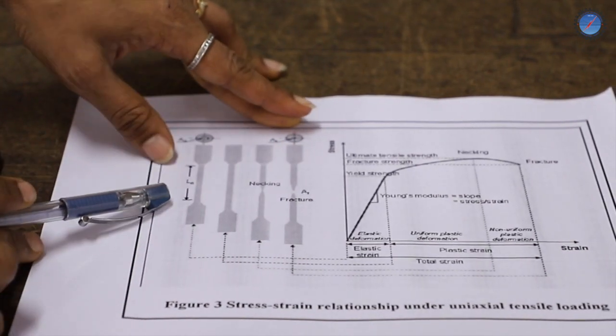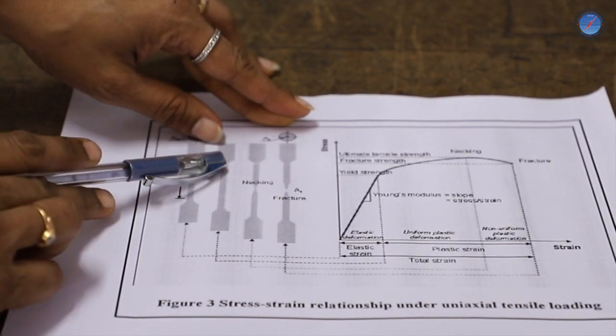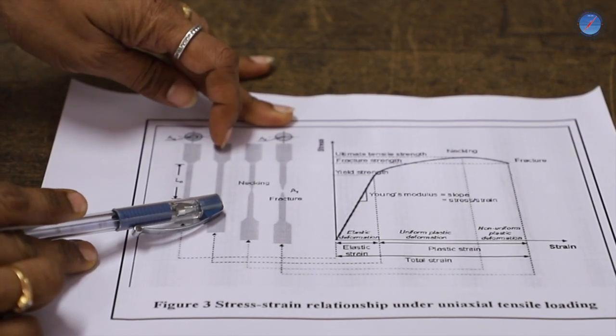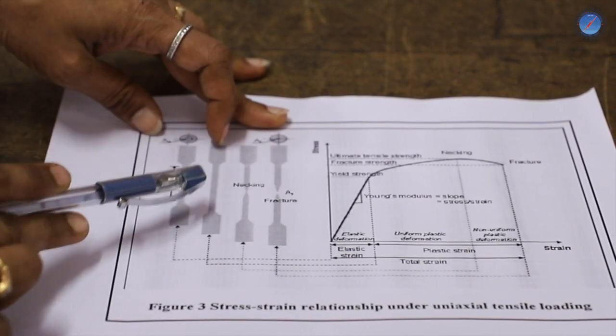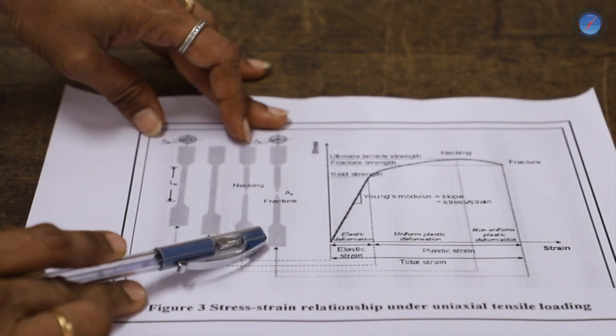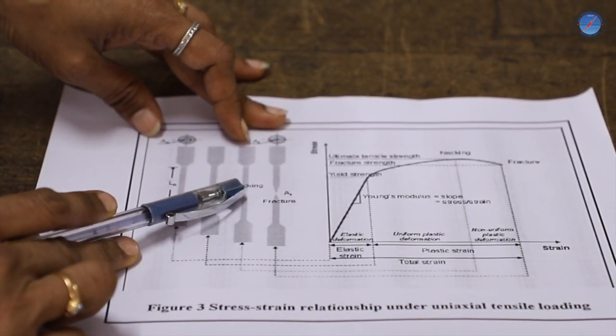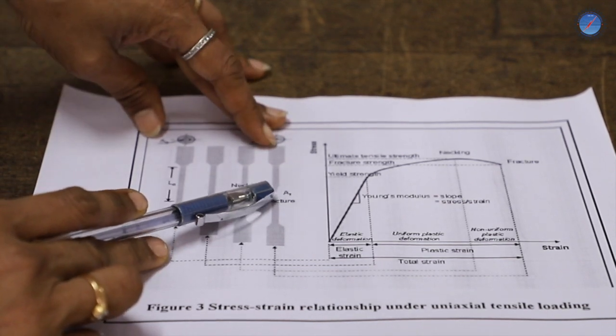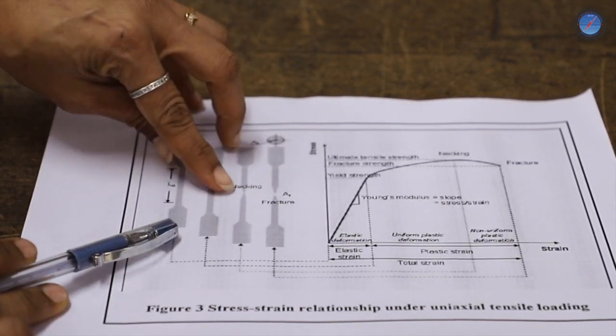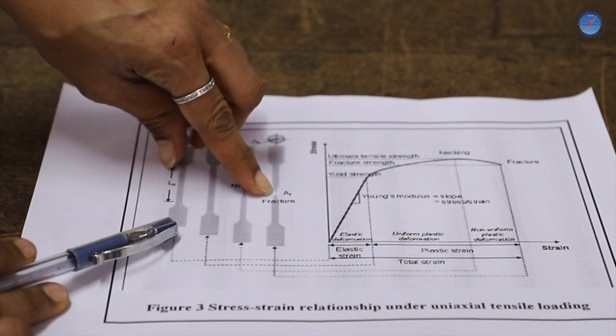This will be the initial length of the specimen, and finally when it is away from the elastic limit, the specimen would have turned like this, and then when the necking starts, that is nothing but the initial stage of plastic, and then finally ultimately it will break. So this point is nothing but the necking, and here the fracture will occur.